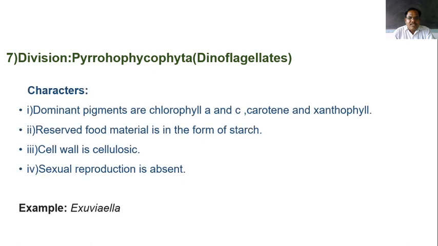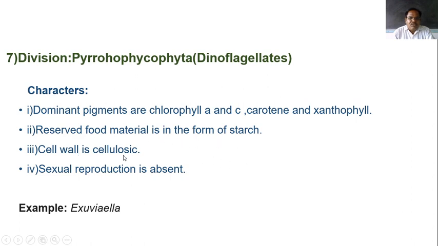The seventh division is the Pyrrophycophyta. It has characters like dominant color pigments chlorophyll A, chlorophyll C, carotene and xanthophyll. The reserve food material is in the form of starch.